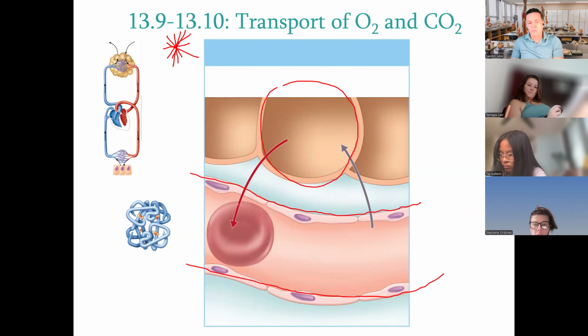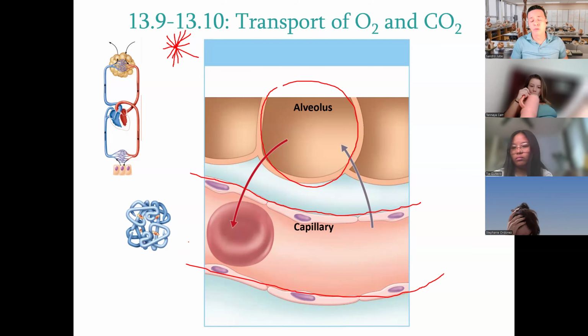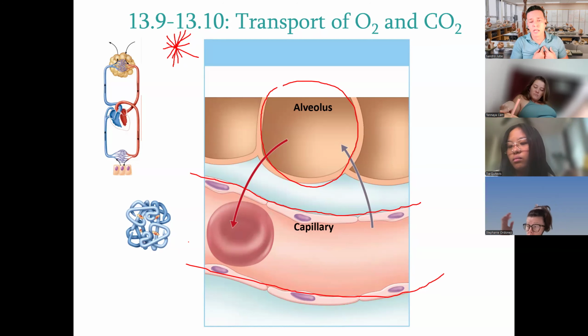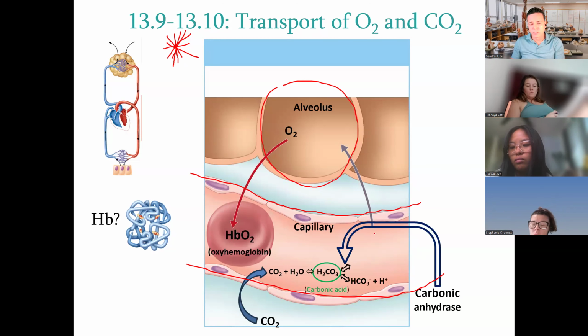Okay? Now, when the blood passes through the capillary, guys, and this blood is coming from the right ventricle. Remember, the right ventricle is going to send deoxygenated blood to the lungs, right? And what's going to happen is that when it comes to the capillary, start with the CO2 right here.